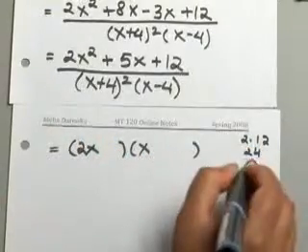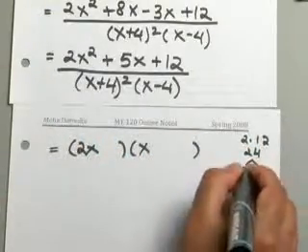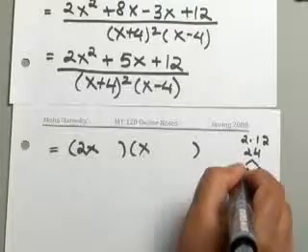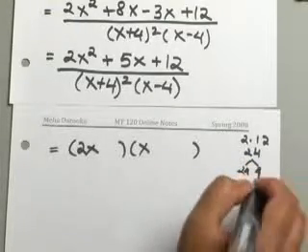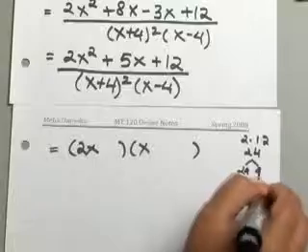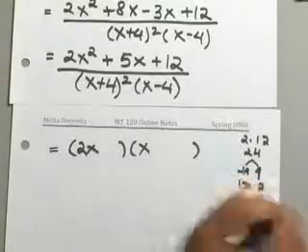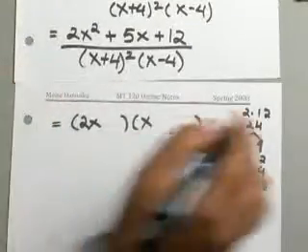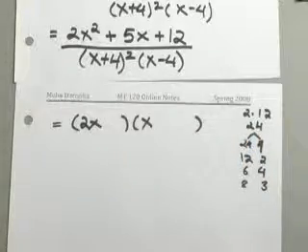So if you go through the list, you of course have 24 times 1, and then 12 times 2, 6 and 4, 8 and 3, just different combinations that you think might work for you.